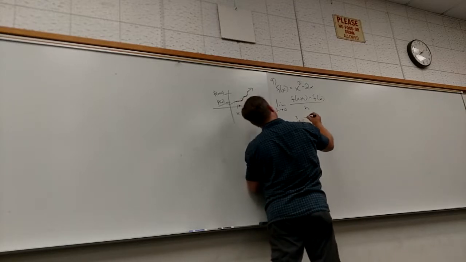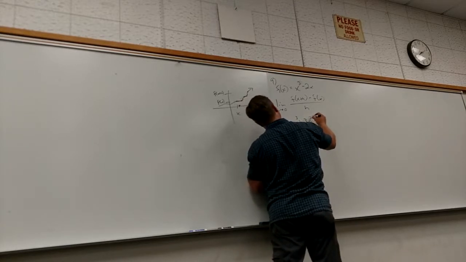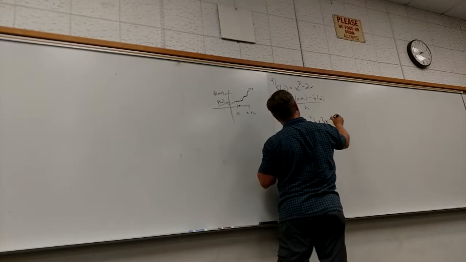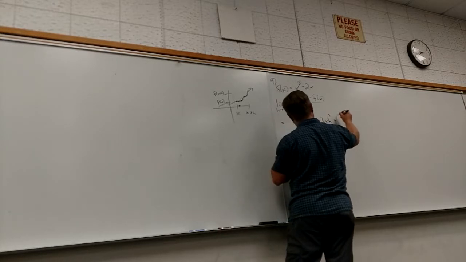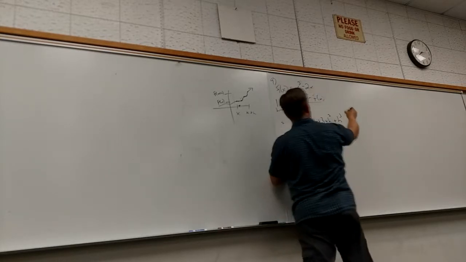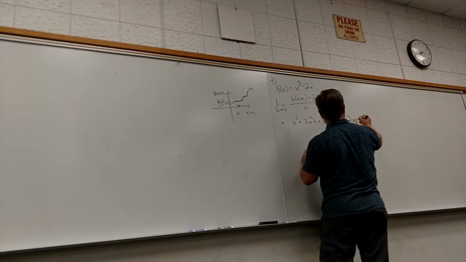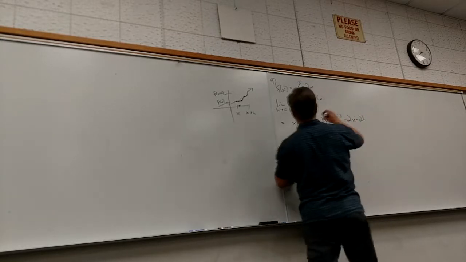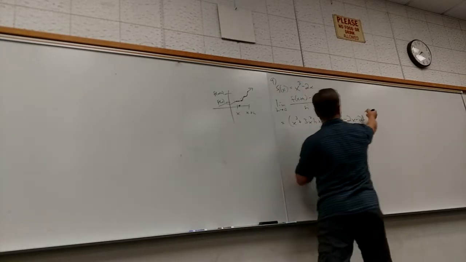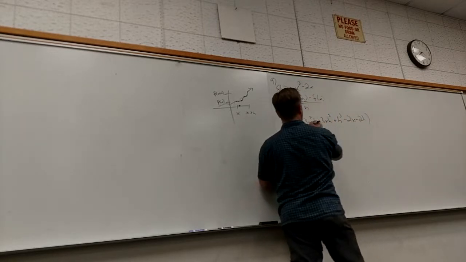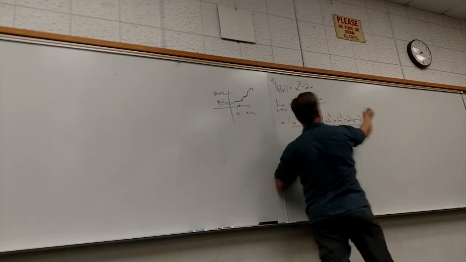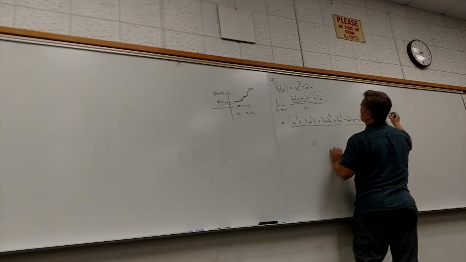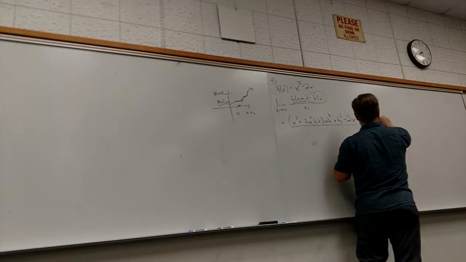X cubed plus 3x squared h plus 3h squared x plus h cubed. And then minus 2 times x and minus 2 times h. Right? That's f of x plus h. And then you've got minus f of x: minus x cubed minus 2x.